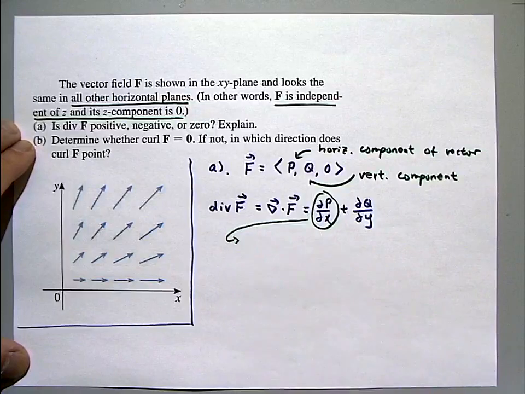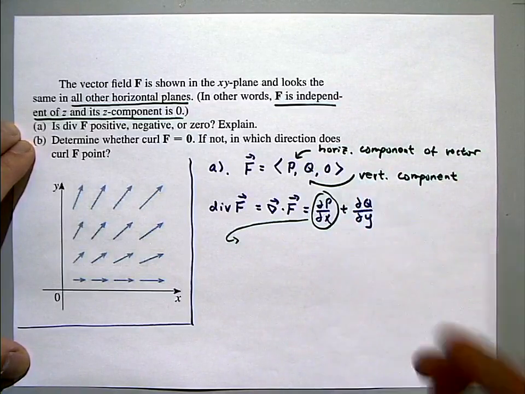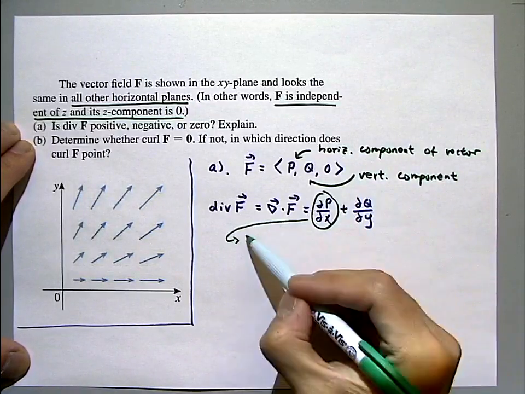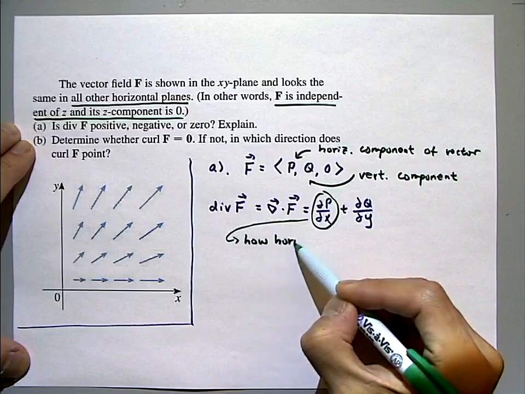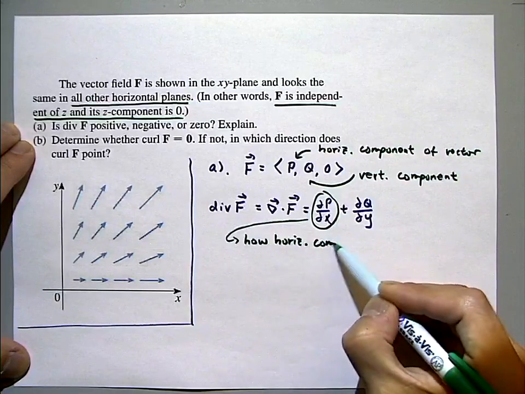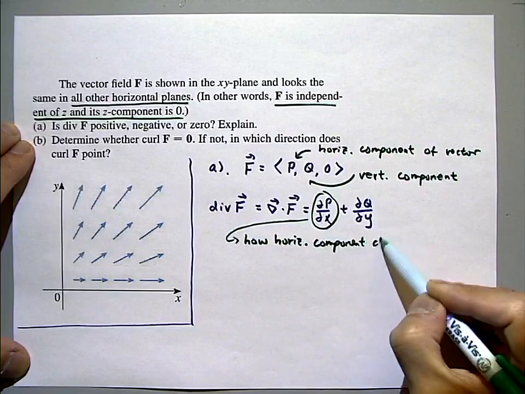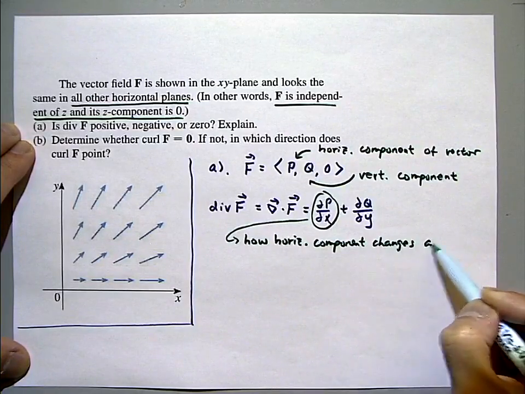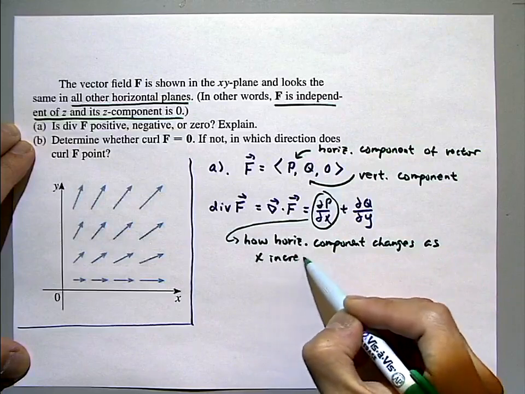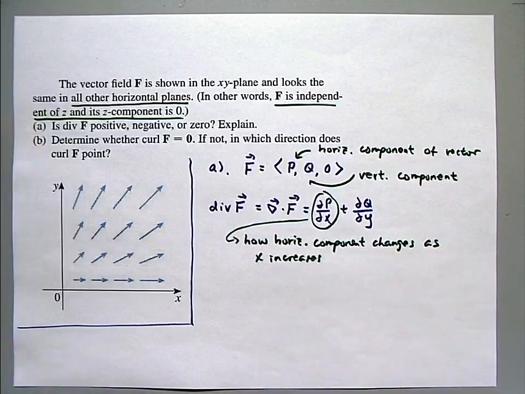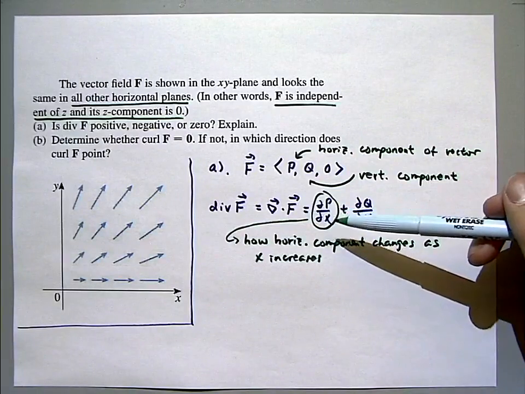Think about what this thing means. This means how the horizontal component is changing as x is increased. In other words, as I move across on this graph towards the higher x on any horizontal line, does the horizontal component get bigger or get smaller? And that's going to tell me the sign of Px.